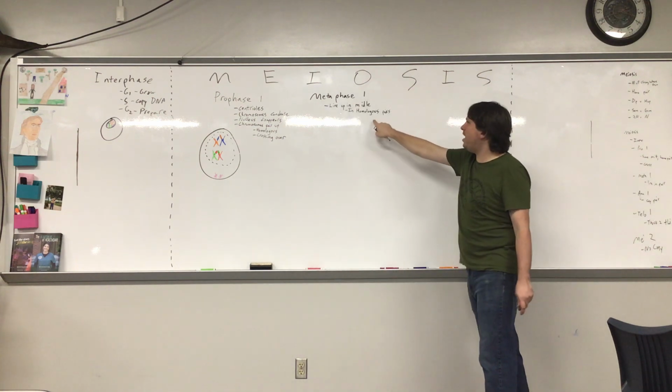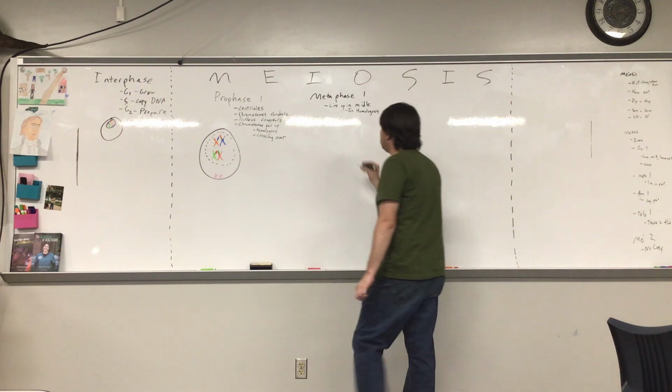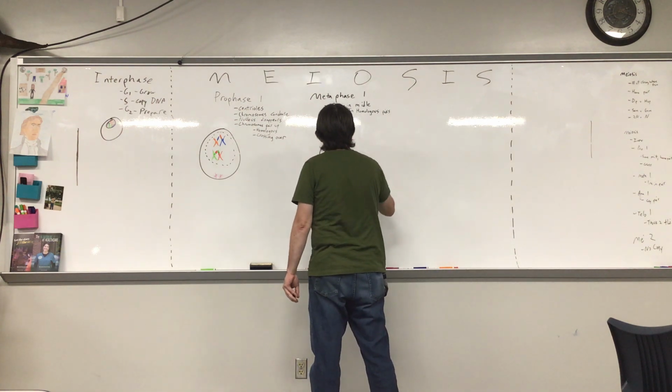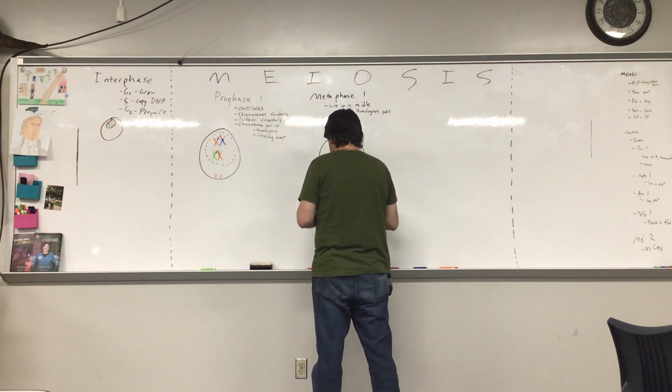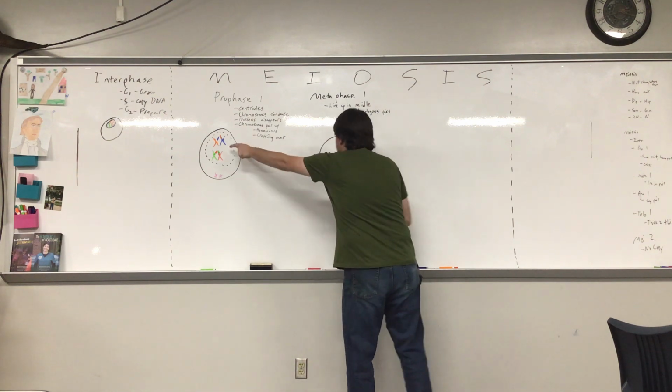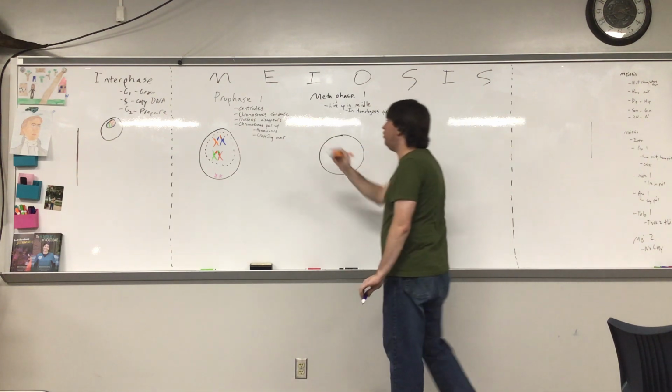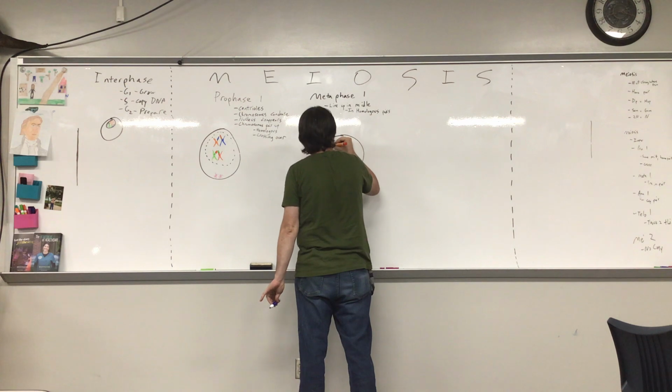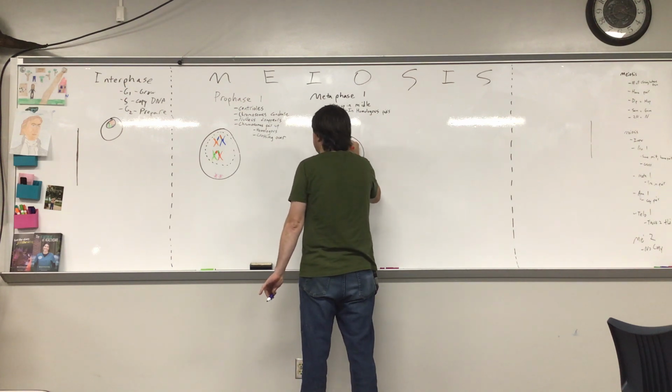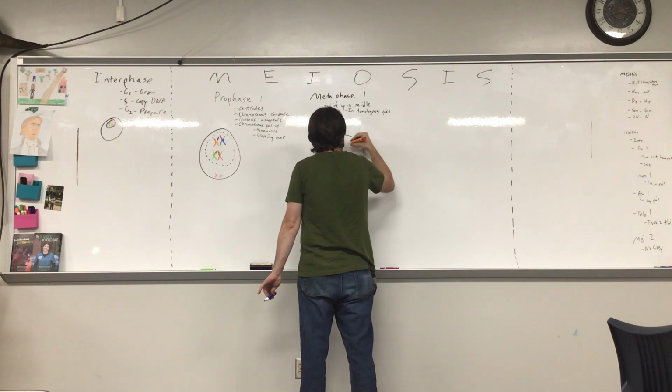We are still in our homologous pairs. So when we line up, we have not broken from what we see over here. So we line up in the middle, same thing as the previous mitosis.